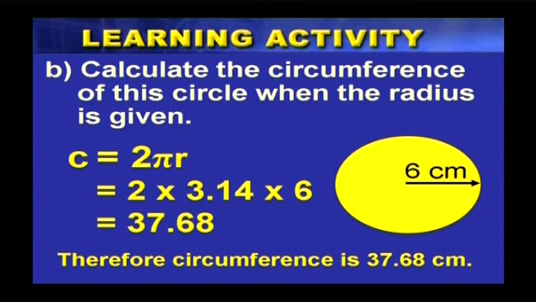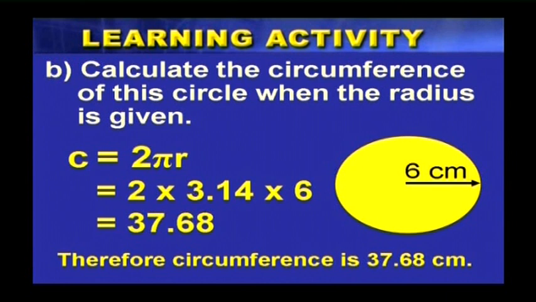The next one says calculate the circumference of this circle when the radius is given. Here, class, which formula are we going to be using? C equals 2 pi r. Again, C equals 2 pi r.